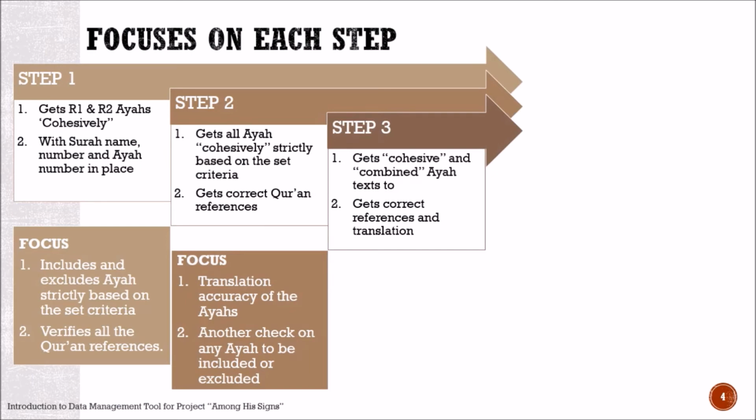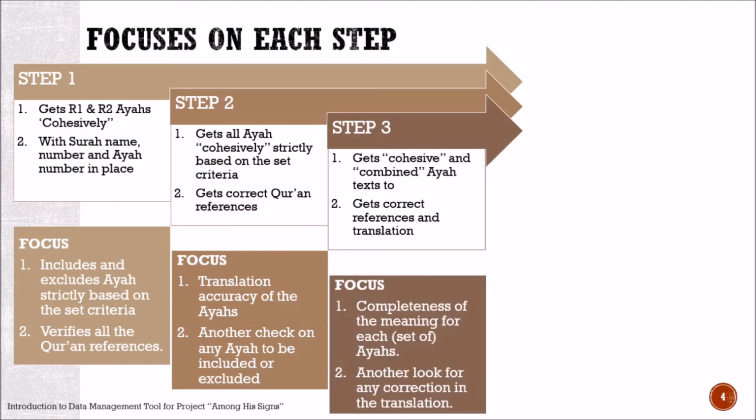But in step 3, we are going to combine those ayahs in another cell, and the references will also be combined. It will be like Surah Baqarah ayah 43 to 45. It's going to look like that in a single cell, and the correct references and translation from step 1 and step 2, I mean the corrected version, will be there.